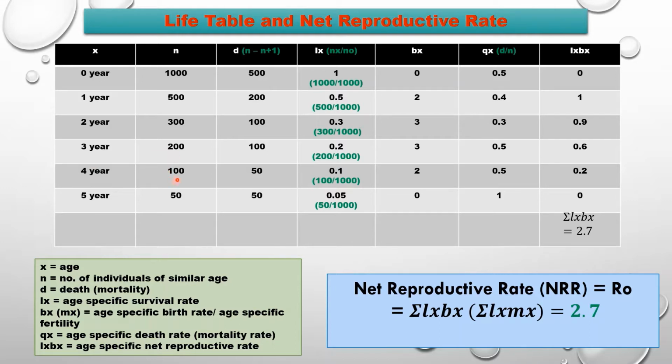So 200 minus 100, 100 is D in 3 year. In 4 year, n is 100 and n plus 1 is 50. So 100 minus 50, D is 50 in 4 year. And in 5 year, n is 50 and n plus 1 is 0. So D is 50 in 5 year.